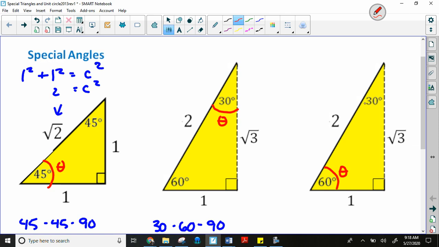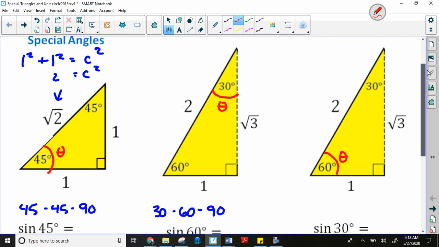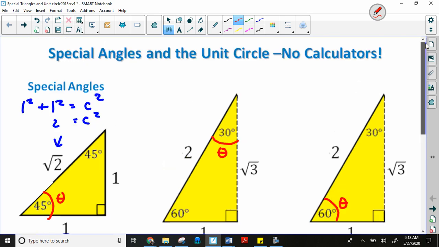And then the longest side on this triangle is the hypotenuse of 2. So commit these to memory. When we're doing questions that involve these solutions, you're going to see we can solve them without calculators because they're always going to be these relationships.